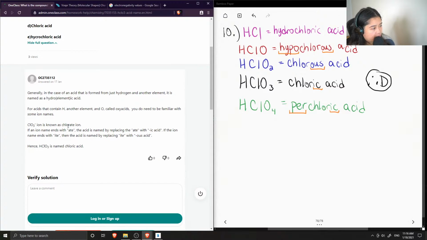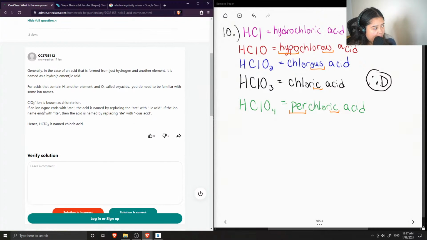And the junior tutor said that generally, in the case of an acid that is formed from just hydrogen and another element, it is named as hydro-element-ic acid. For acids that contain hydrogen, another element, and oxygen, these are called oxyacids. You do need to be familiar with some ion names. So the ClO3 minus ion is known as the chlorate ion.